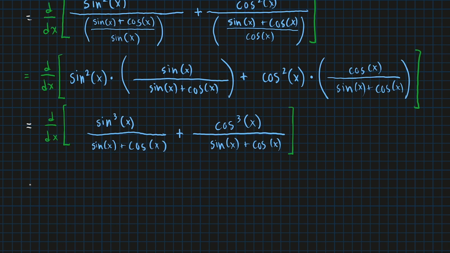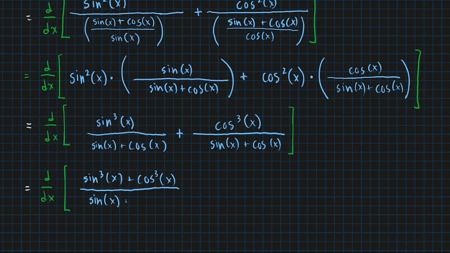So let's see, this is equal to d over dx of sine cubed of x plus the cosine cubed of x over sine x plus cosine of x.